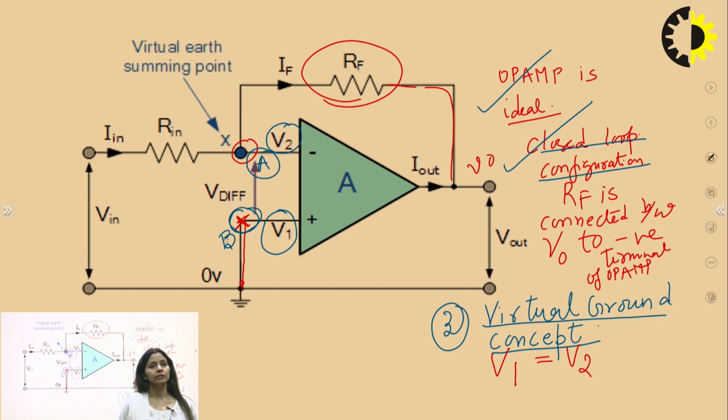Now we will consider some numericals for the op-amp, which are very, very important, applying the Kirchhoff current law, and then we will check whether these three conditions are satisfied or not, right?